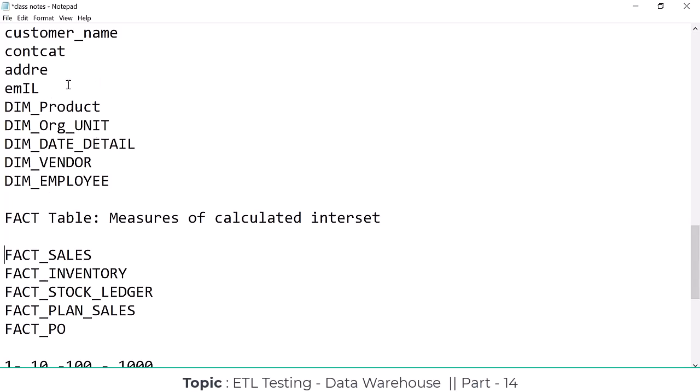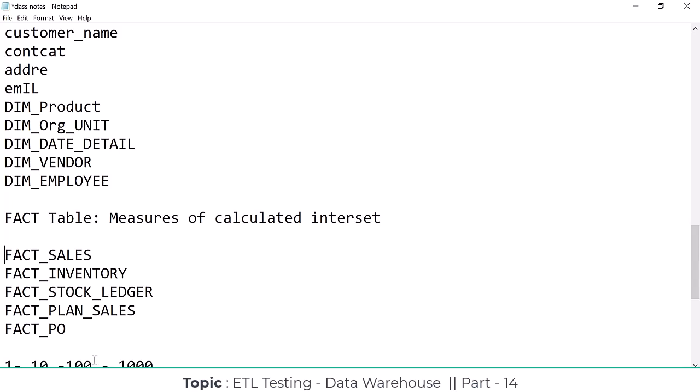So as of now we discussed what the dimension table is and what the fact table is. The dimension table is nothing but the textual description of the data. The fact table is nothing but the measures of calculated data, and along with the data we also store the dimension table reference keys in the fact table.